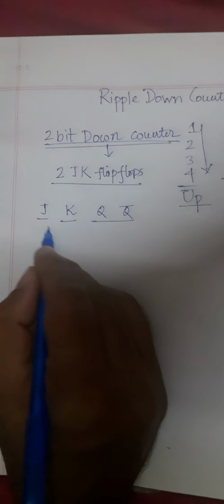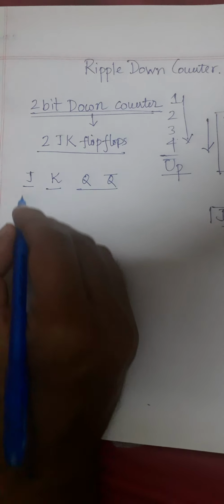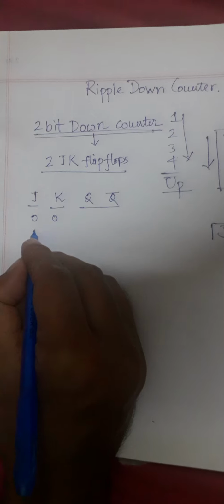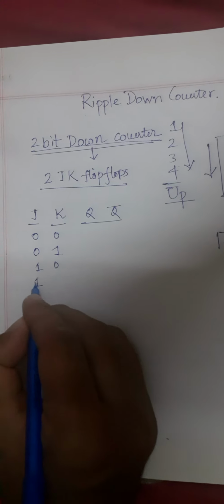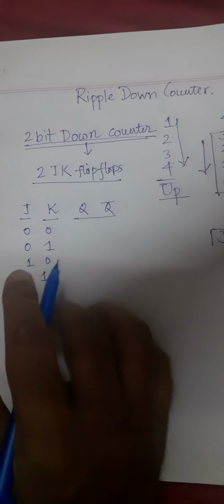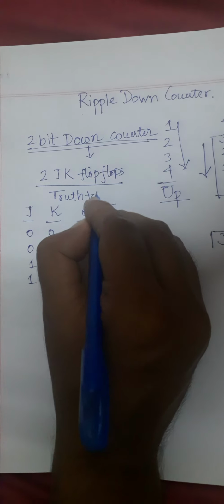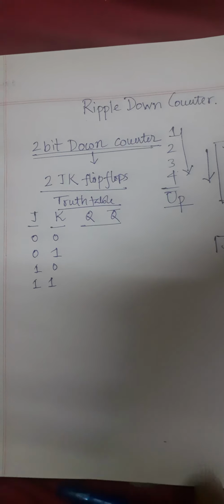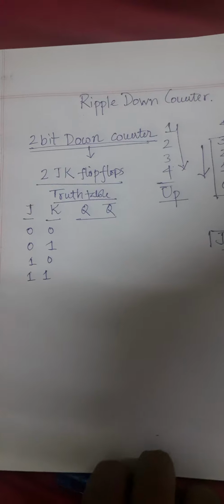Okay, so using this, what will happen? Let me write down the number of possible combinations. So you can say it's a truth table for a JK flip-flop.